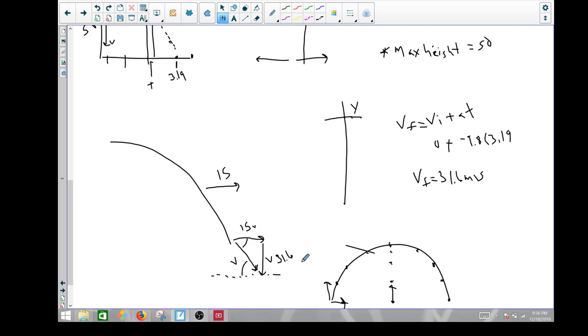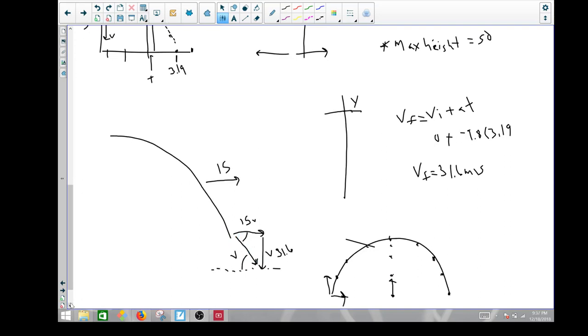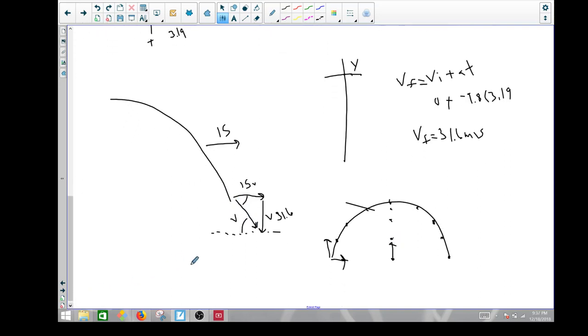31.6. So my angle is constantly changing as I go along here because my y component is getting faster and faster. All right, let's find our total impact velocity. You should be pretty familiar with this by now. This is a Pythagorean theorem question. So 15 squared plus 31.6 squared, and then we'll square root that to get my total impact velocity.